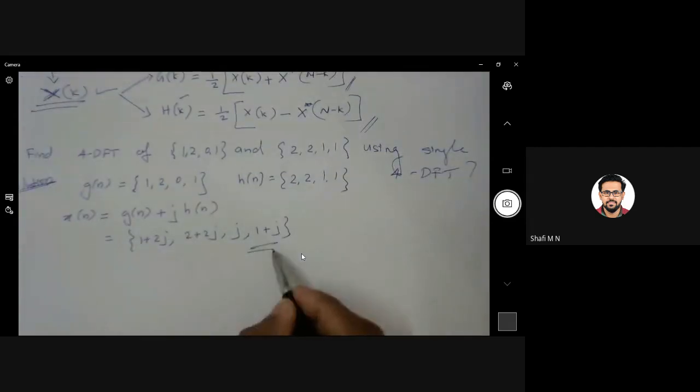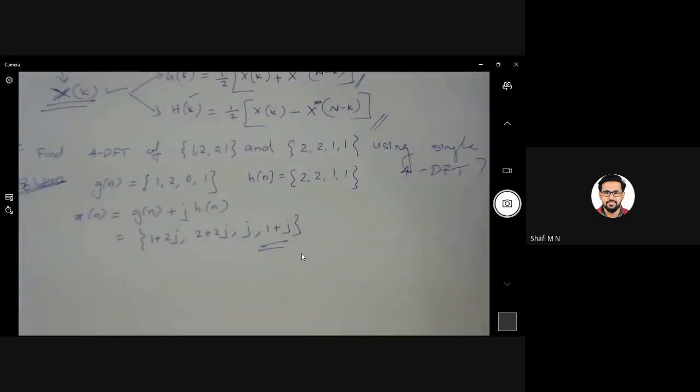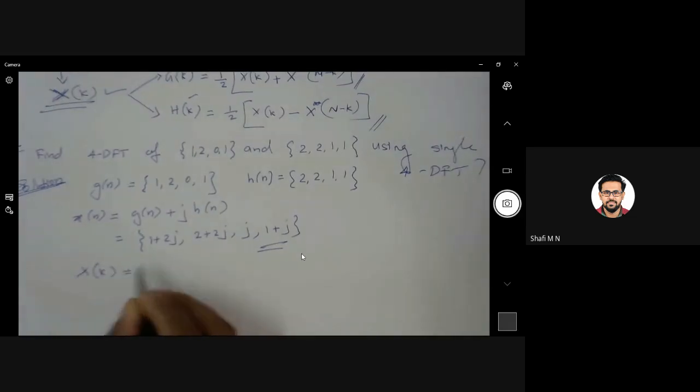So this is your x of n. What is the next step? Yeah, just find x of k. To do that, you can use the matrix method or you can use equations. Just get me the answer. Work it out and get me the answer.